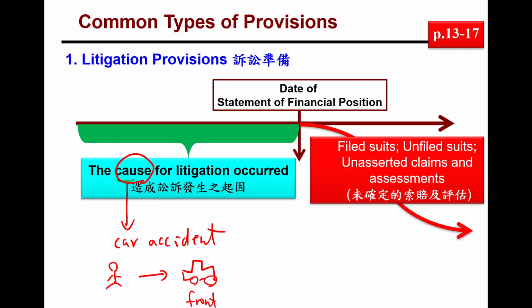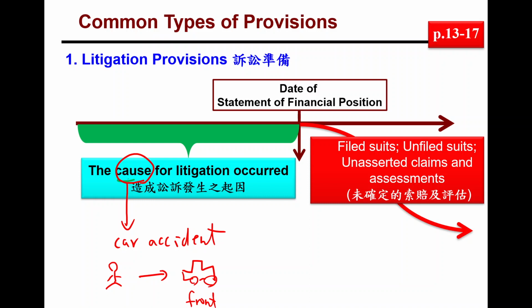For this case, usually whose person will have more responsibility? You, not the front car. Why? Because we require you to have a safe distance. So when you drive the car, you should keep a safe distance from the front car. So when you hit the front car, usually that's your fault.